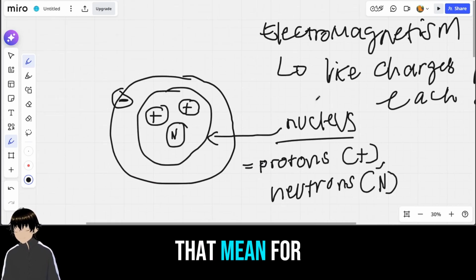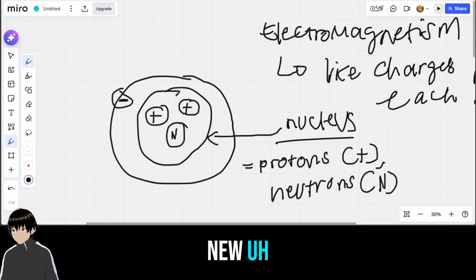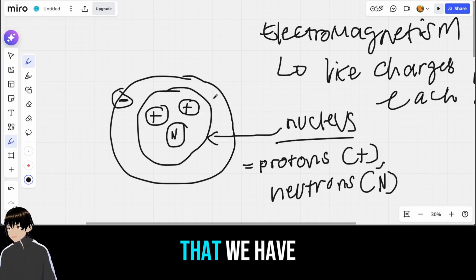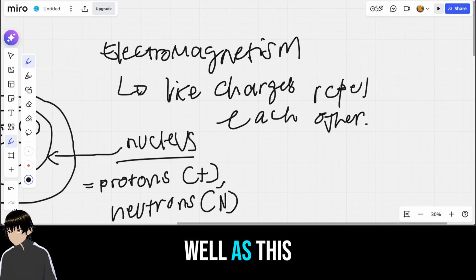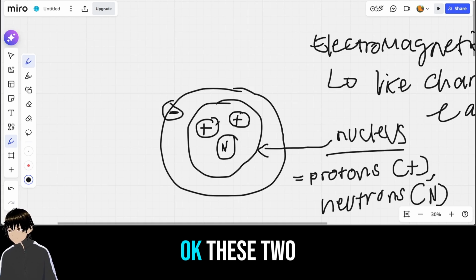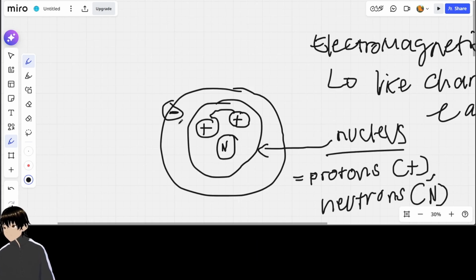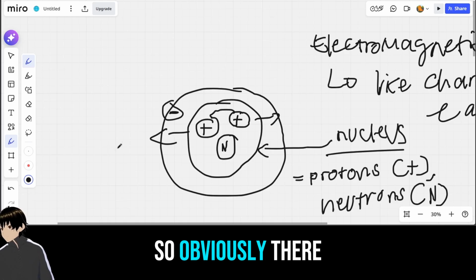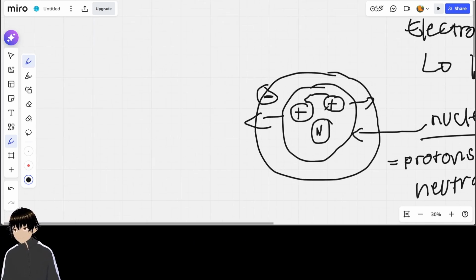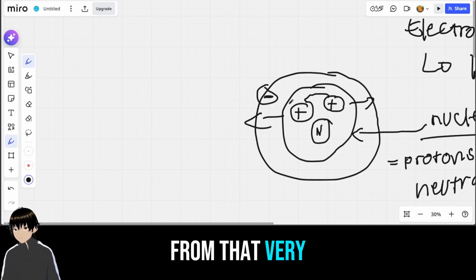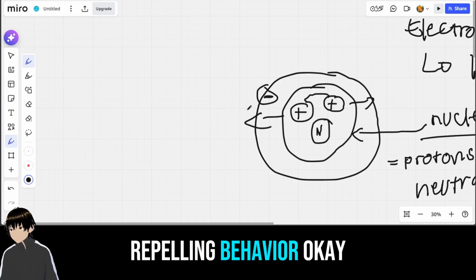So what does that mean for our friendly little proton inside this atom's nucleus? Well, as this rule states, these two are going to repel from each other. So obviously, there is going to be some kind of force from that very same repelling behavior.